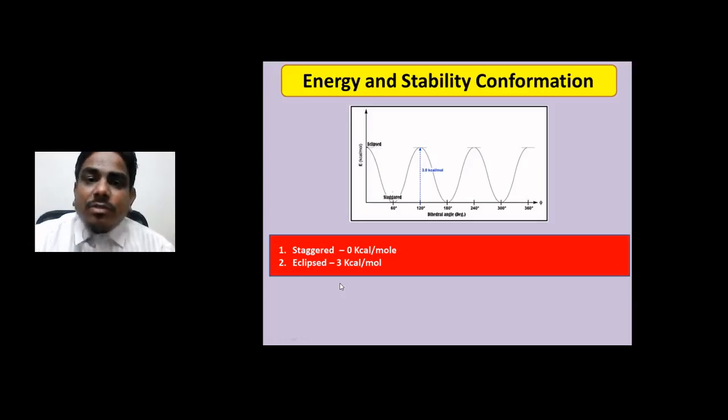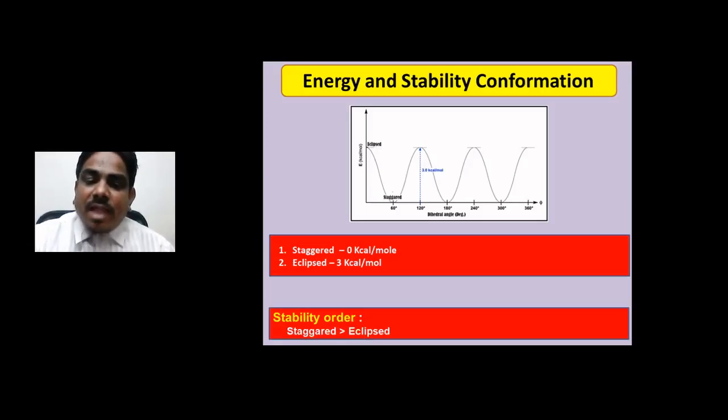So, commenting on stability, the staggered conformation of ethane is more stable than the eclipse conformation because of the energy. So the ethane molecule shows two types of conformation: eclipse and staggered. The eclipse conformation of ethane is less stable than the staggered conformation. Thank you.